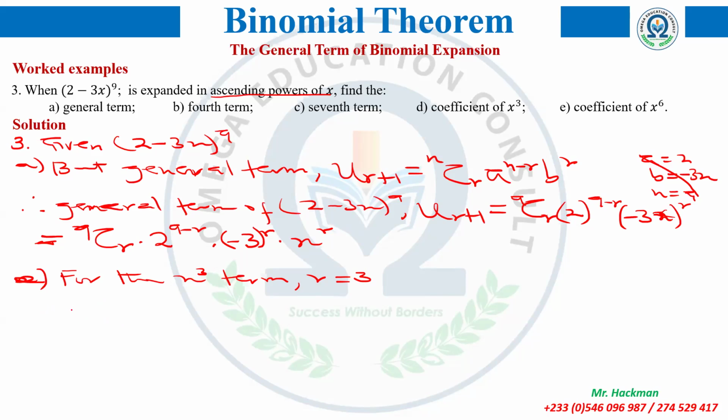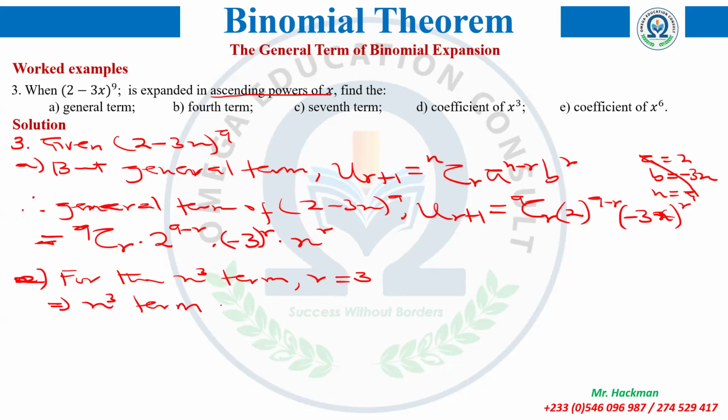Here I won't write therefore. I will write this implies that, s cubed term, because the question didn't ask me to find the s cubed term. It asked me to find the coefficient. But I will need that particular term before I can draw my conclusion on the coefficient.